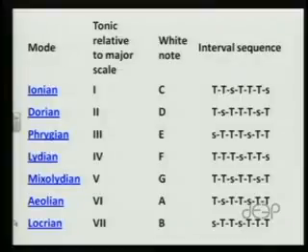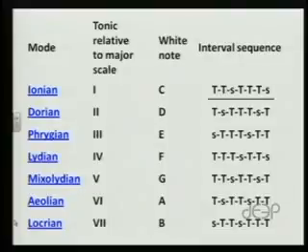Now, if you look on your screen, you're going to see that the Ionian mode starts on the first step of the major scale. And if we're using just white keys, that would be the C. And the interval sequence, as we've always said with the major scale, and you look to the right, you'll see whole, whole, half, whole, whole, whole, half.